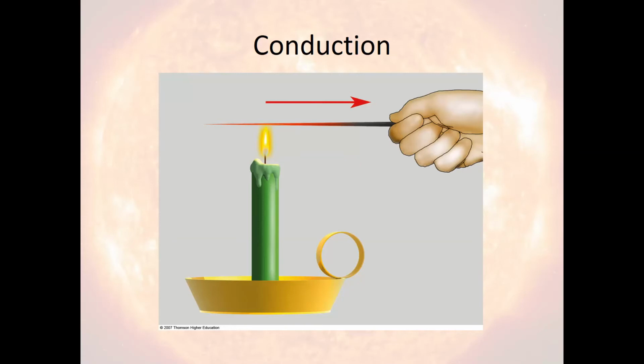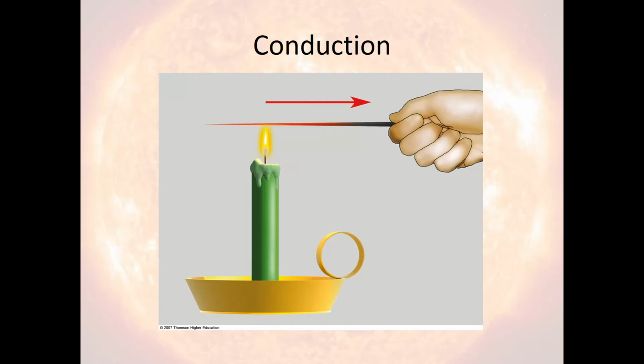Other conductors, such as water, are also relatively poor conductors. So here's the way conduction works. Let's say you have a candle and you have it lit, and you have some kind of metal rod. Maybe you are at a bonfire and you want to cook marshmallows, and you hold that metal rod over the fire.